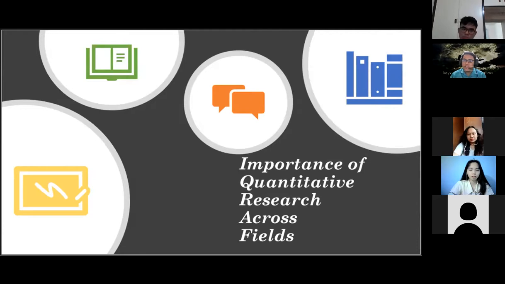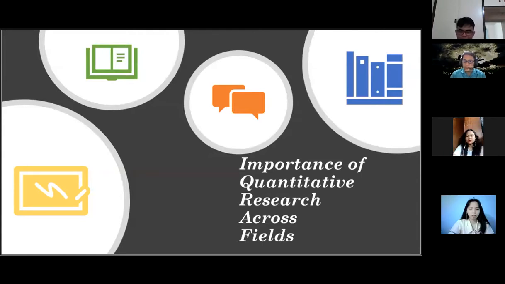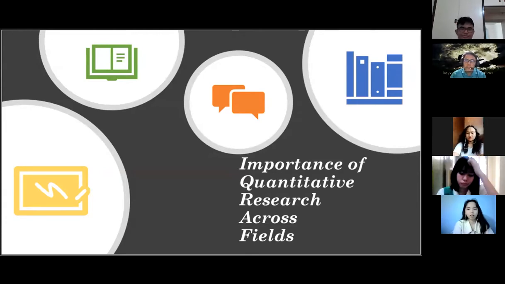It is generalizable to the population, making the findings very credible and useful for administrators, lawmakers, scientists, decision makers and business owners. So quantitative analysis can be applied and is very useful to various fields of study.